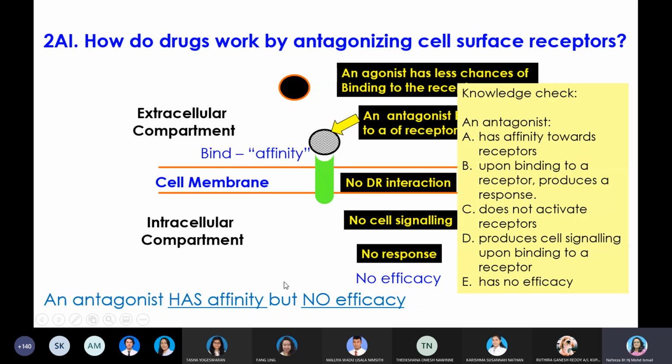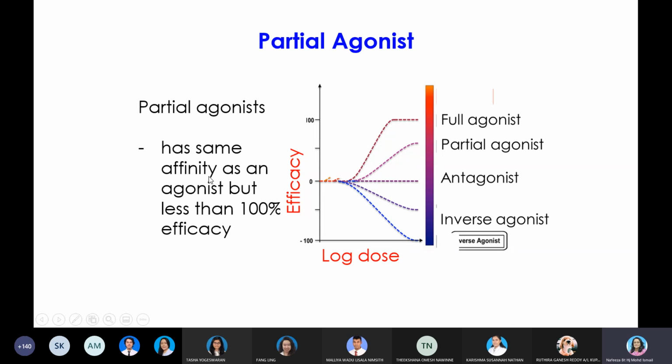All right. So an antagonist has affinity but no efficacy. Once you know it does not have any efficacy, that means it has no cell signaling, that means it cannot activate the receptor. A partial agonist has the same affinity, meaning it can bind, but it causes less than 100% effect, or less than 100% efficacy.